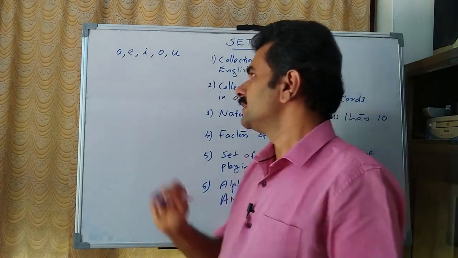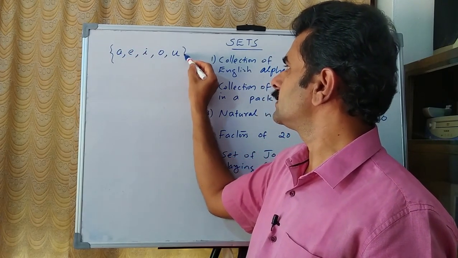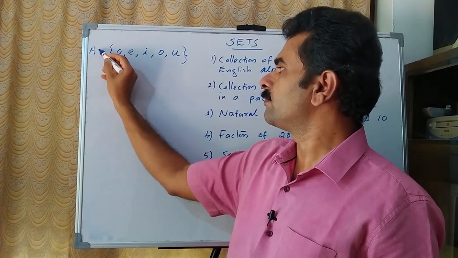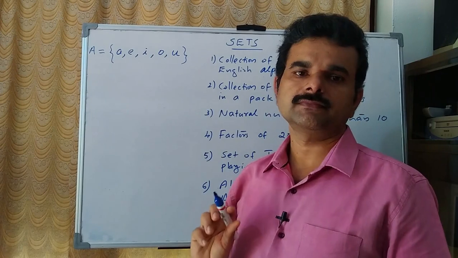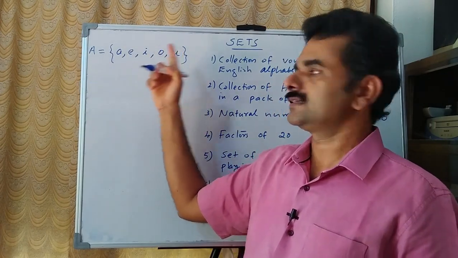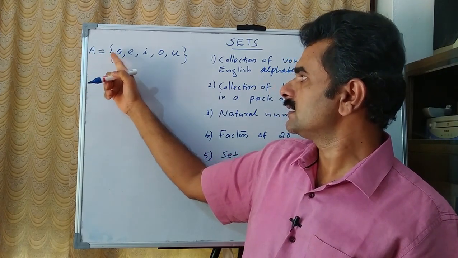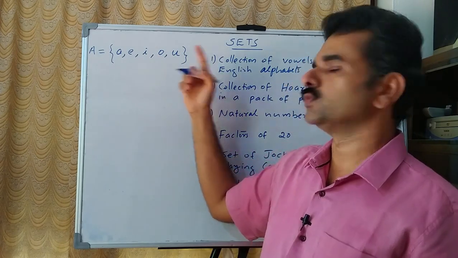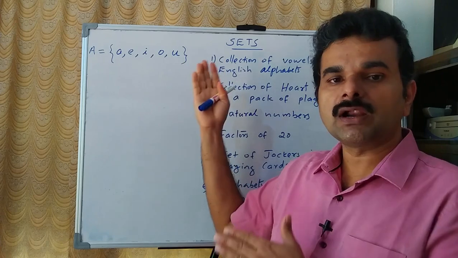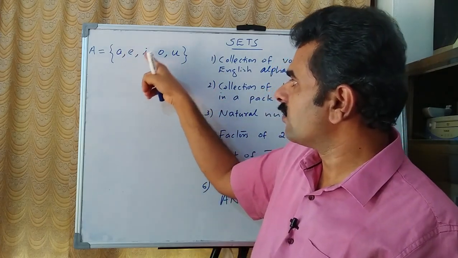When we are putting this type of bracket, and named it as English capital letter A or B or C, etc., this represents a set. It is read as set A. A is equal to set A, E, I, O, U. Here A, E, I, O, U all are vowels from English alphabet. We know these are vowels.